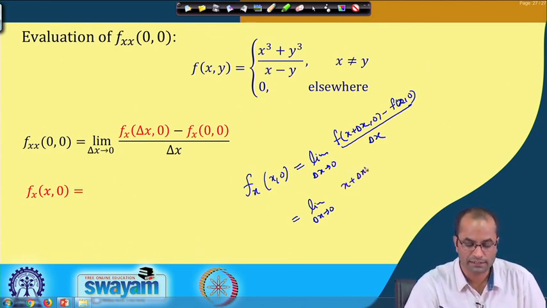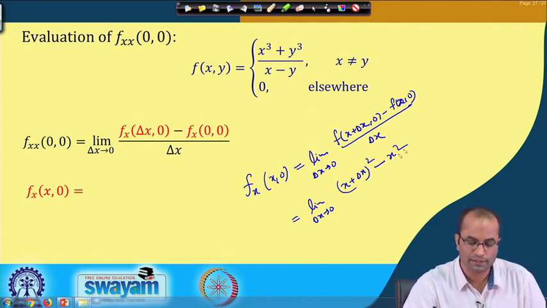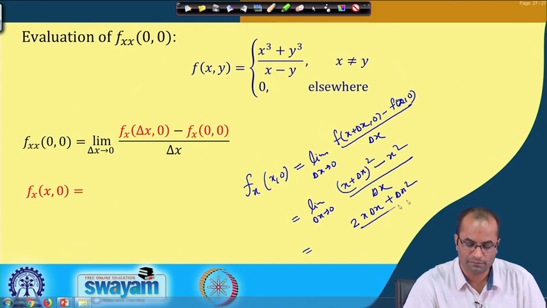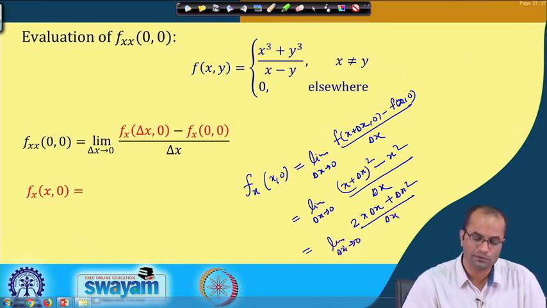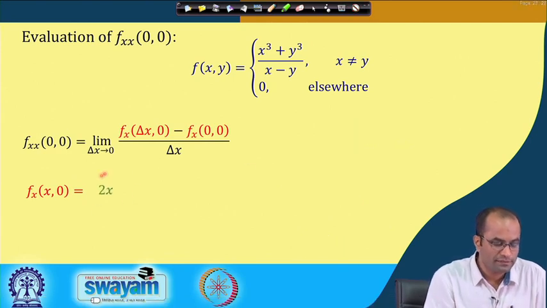The x square will cancel out, so we get 2x Δx plus Δx square divided by Δx, and in the limit as Δx goes to 0 we get 2 times x.